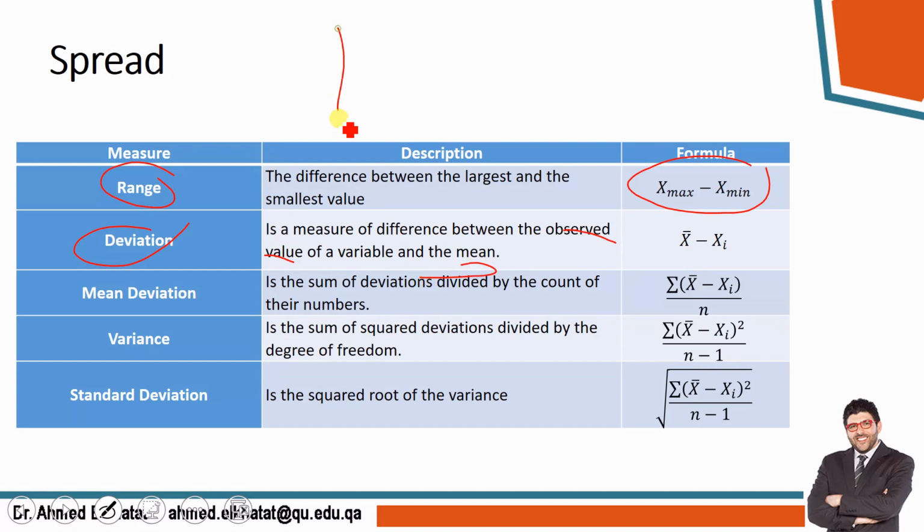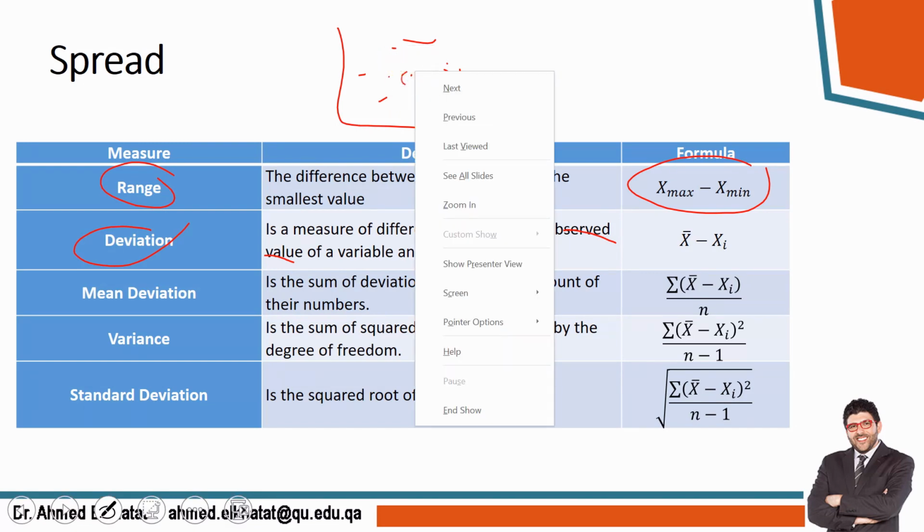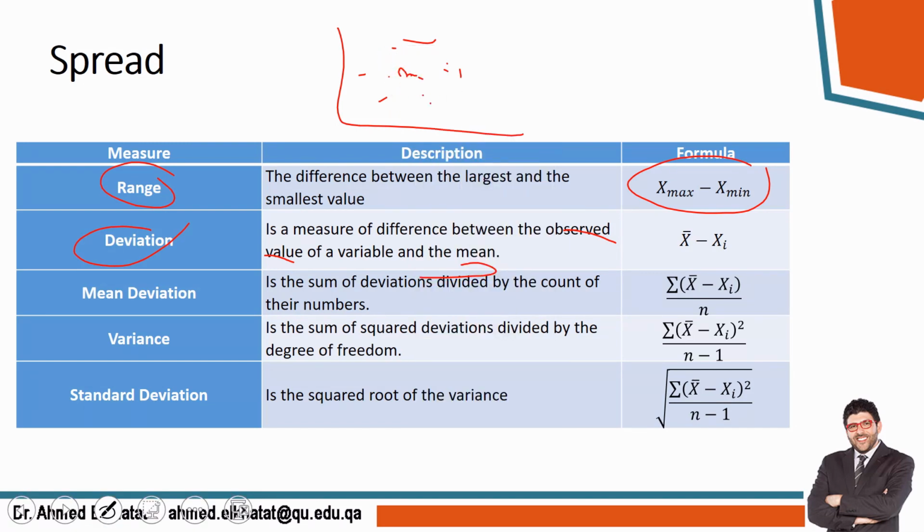So if you have some scatter points like this, and this point is the mean, the difference between any point and this mean is the deviation. So x average minus x of the observed value of the variable.